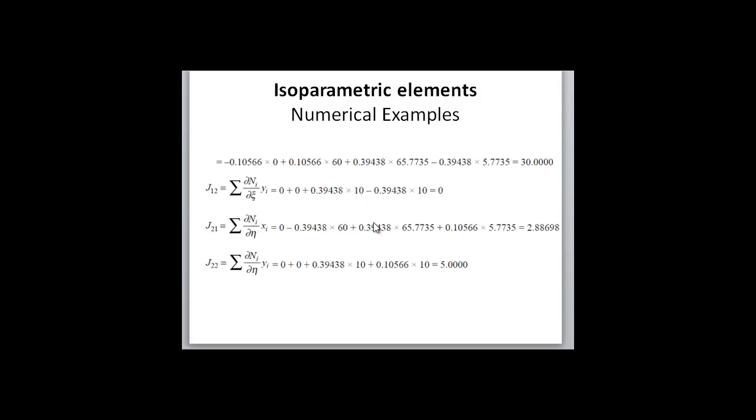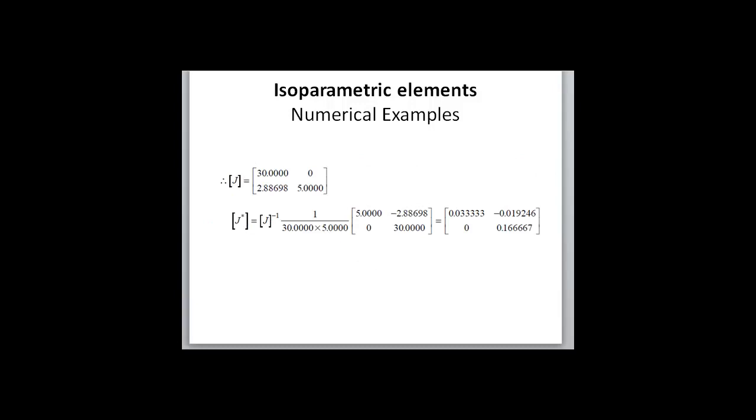And the Jacobian matrix is formed from the derivatives of Ni with respect to the x and y directions. When the determinant of the Jacobian matrix is determined, the inverse of the Jacobian matrix must also be determined.